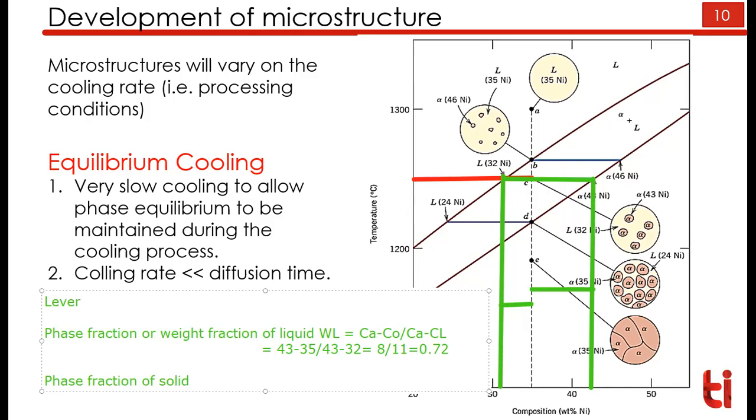Now if I want the phase fraction of solid, which I represent by W_alpha, the formula is (C_0 minus C_L) divided by (C_alpha minus C_L), so that is (35 minus 32) divided by (43 minus 32), which equals 3 divided by 11. I am using my mobile calculator.